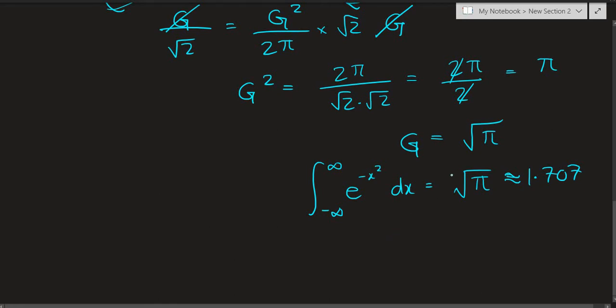But okay, fine, this is one way of finding the value of the Gaussian integral, but even while using Fourier transforms, there is a simpler and quicker method that doesn't involve Parseval's theorem and complexities. So I would like to just quickly discuss that.